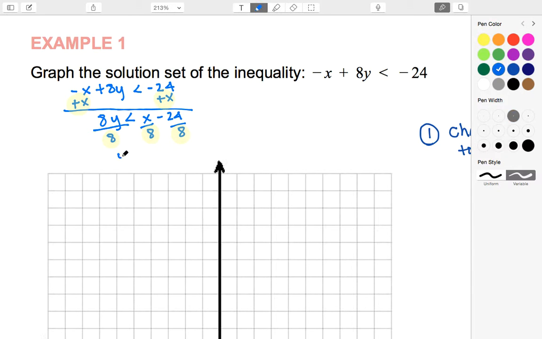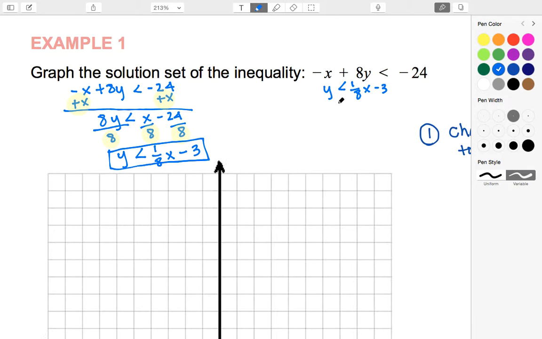And then I get y is less than 1/8 x minus 3. Okay, so this is my new inequality. This is the same representation, but in slope-intercept form. So I'm going to write that right below here: y is less than 1/8 x minus 3.